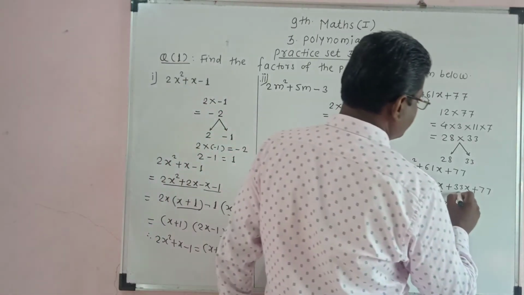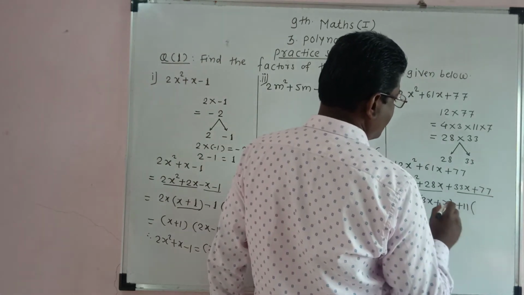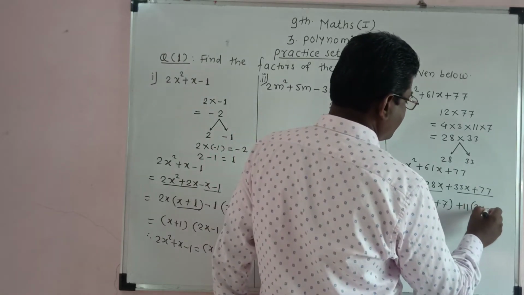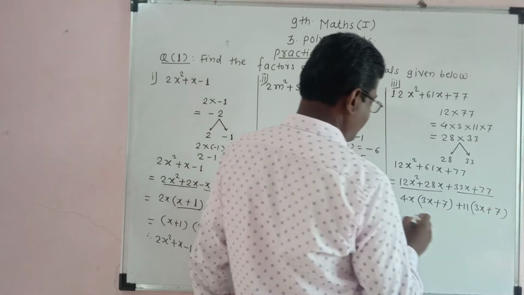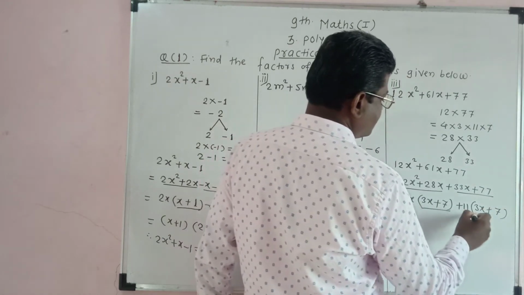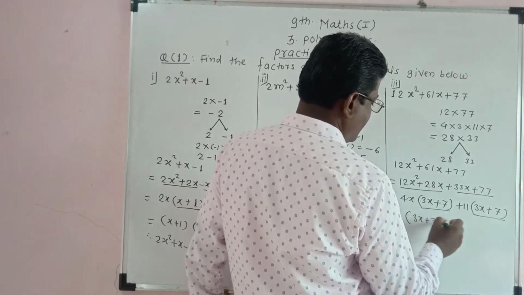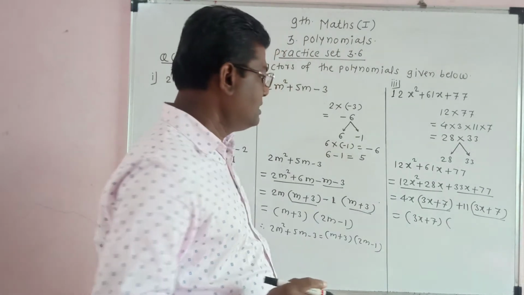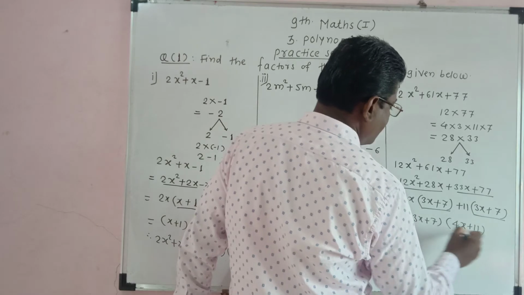Now in these two numbers we take 11 common, so 11 in bracket, 33x upon 11 is 3x, plus 77 upon 11 is 7, is equal to, take this bracket as common, so 3x + 7, and in another bracket we can write 4x + 11.